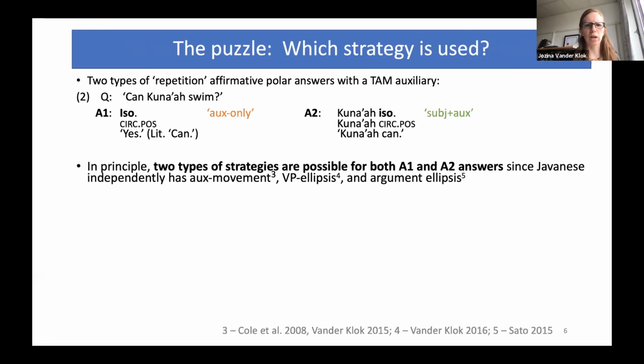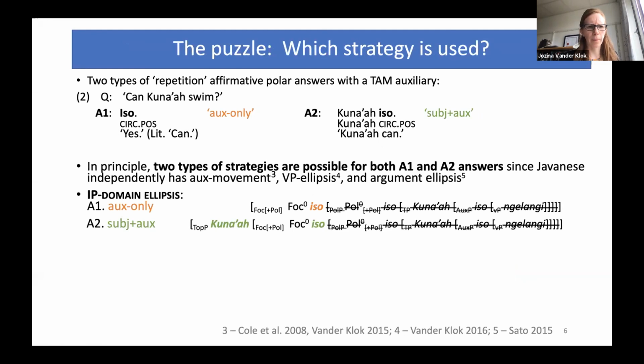We can illustrate this with IP domain ellipsis, if this was the strategy used across these two types of polar answers. In both cases, the auxiliary is high in the left periphery, and additionally for the subject plus auxiliary answer, the subject moves, say, to a topic position above focus.